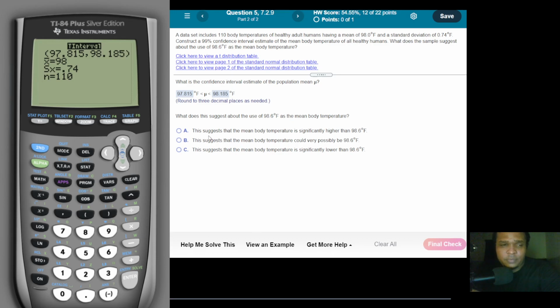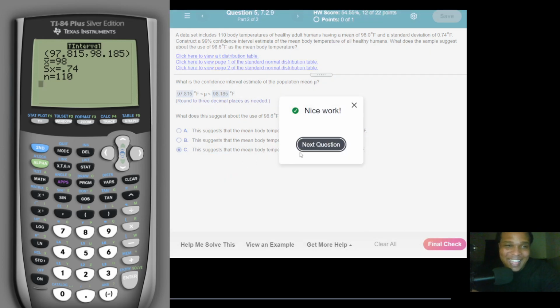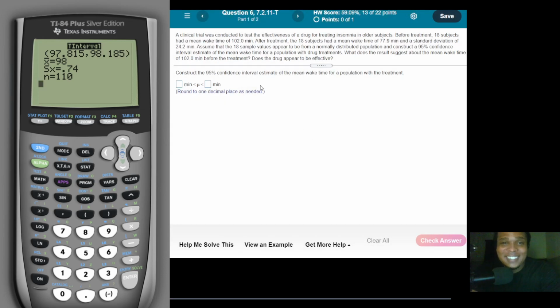What does this suggest about the use of 98.6? Hmm. Now our interval is lower, but I'm not going to lie, I'm good at the math. I always get these wrong, but I got this one right. I'm not boasting, I promise. Anyway, let's go back to that one.